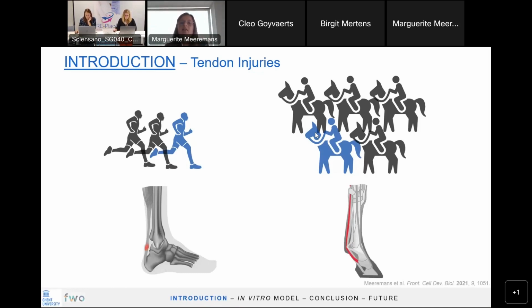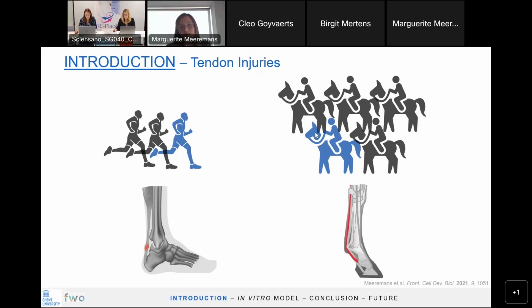Both the Achilles tendon in humans and the superficial flexor tendon in horses are quite similar in function and structure and are frequently injured during exercise because they're subjected to high mechanical strains.